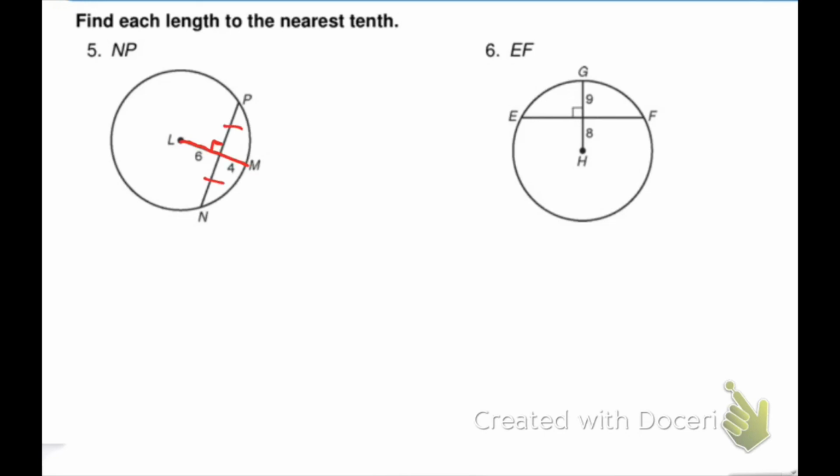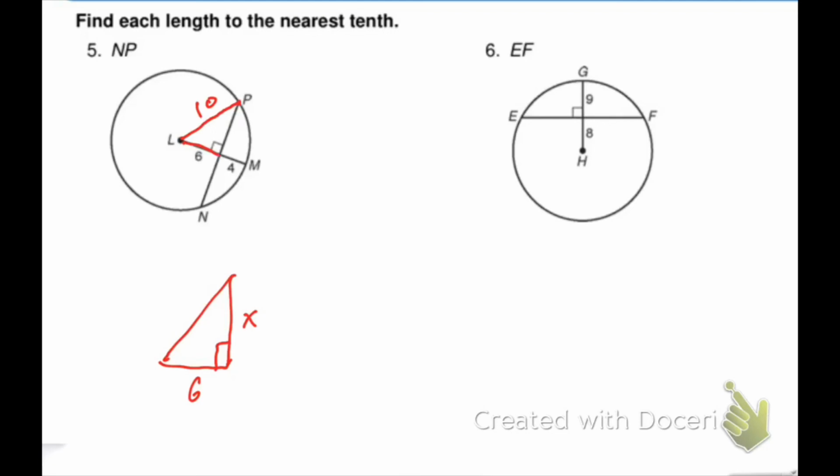Well, how does that help me to solve for NP when I don't know what this length is here? What we can do, which is kind of interesting, is take the radius. Remember, no matter where I move the radius, it's always going to be the same. So I'm going to move it up here. What's the length of the radius? The length is 10. So what I get is actually a right triangle with the base being 6.